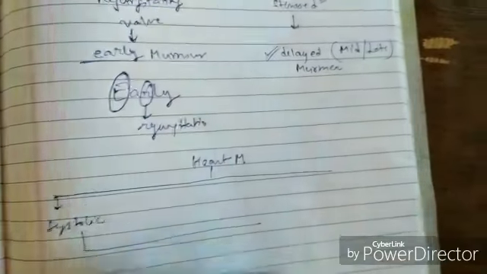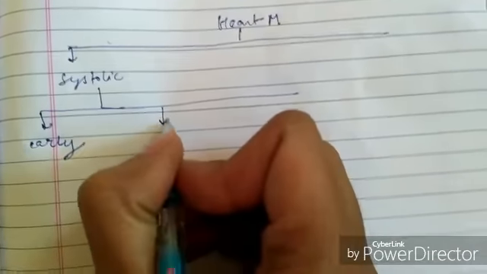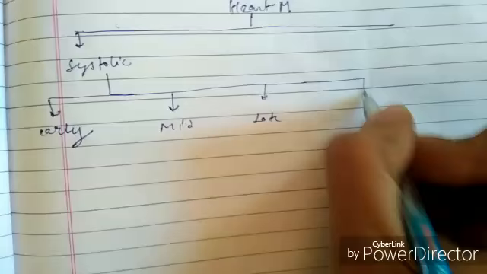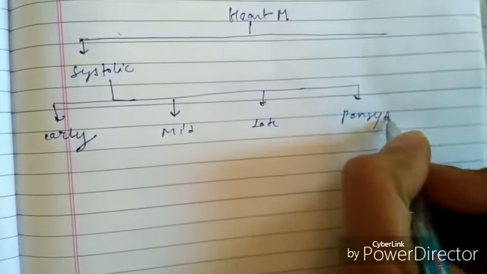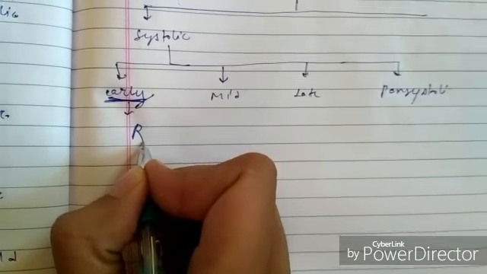Now taking the systolic heart murmurs first. They may be early systolic, mid-systolic, late systolic, or pansystolic murmurs. Early means regurgitation.